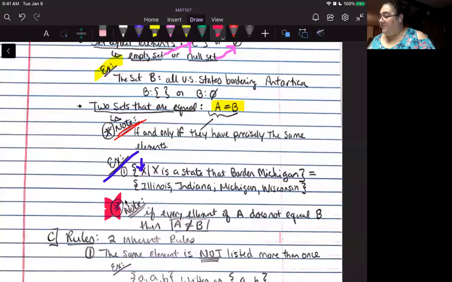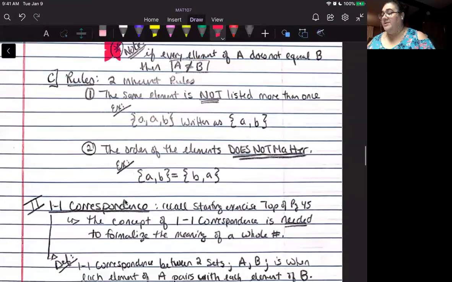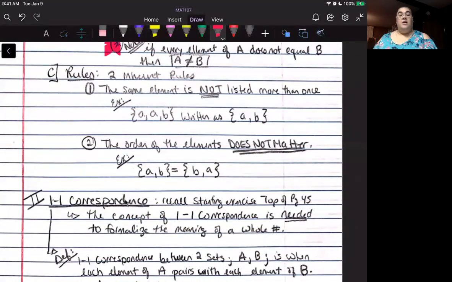So here are a couple of inherent rules about working with sets, okay? Rule number 1, the same element is never listed more than once. So for example, if we have a set that includes element A and then element A again and then element B, you would never write it like this. You would only write it like this.